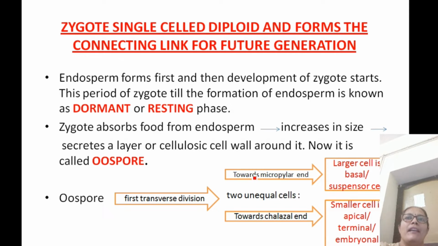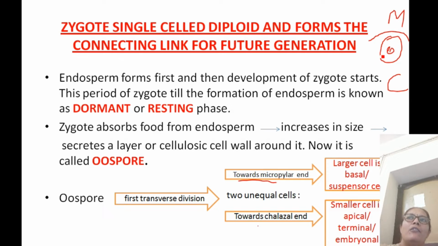One pole is the micropylar end and the other pole is the chalazal end. Now see, if this is a zygote, it has a nucleus and cytoplasmic content towards the micropylar end. This is the micropylar end and this is the chalazal end. So towards the micropylar end is the larger cell. It divides into two like this.